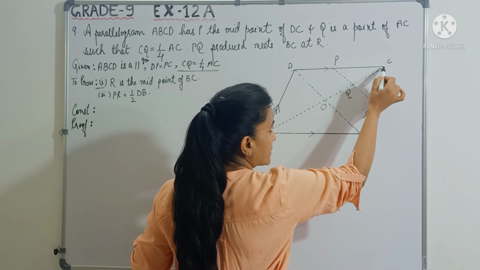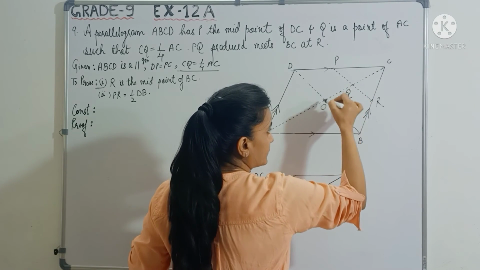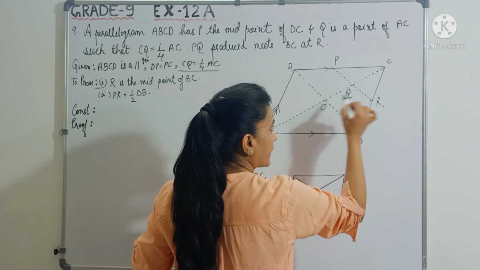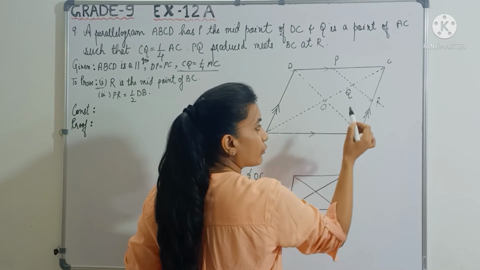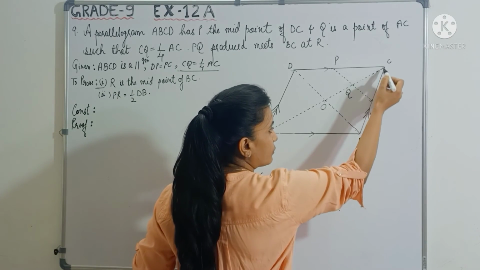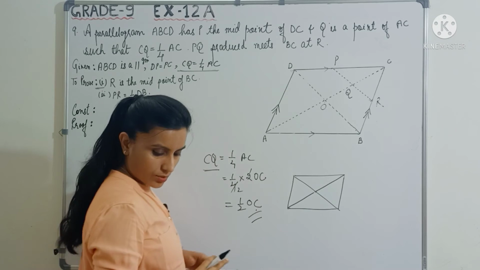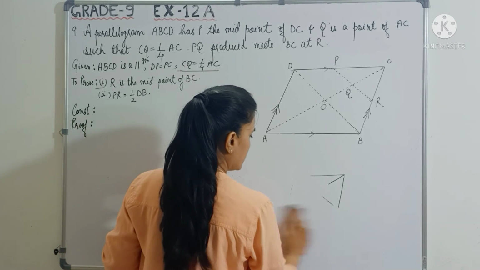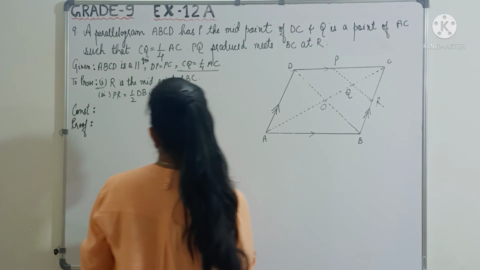So now in triangle COB, Q is the midpoint of CO and QR is parallel to OB. So from the converse of the midpoint theorem, even R will be the midpoint of CB, right? So it's very simple.